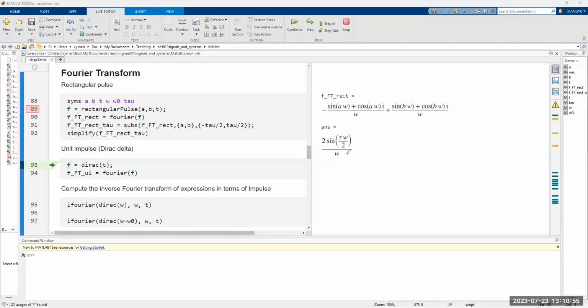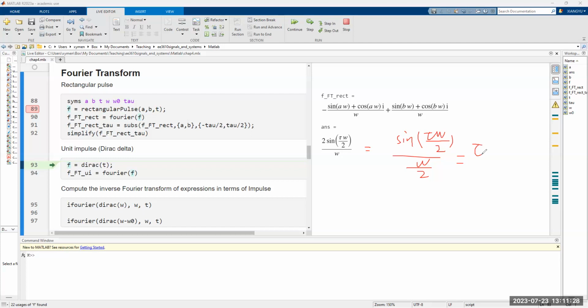We can write it in the form of a sinc function. Let's do this by dividing 2 on both the numerator and denominator. Then we have sine of tau omega/2 over omega/2. Then let's multiply tau on both the numerator and denominator.